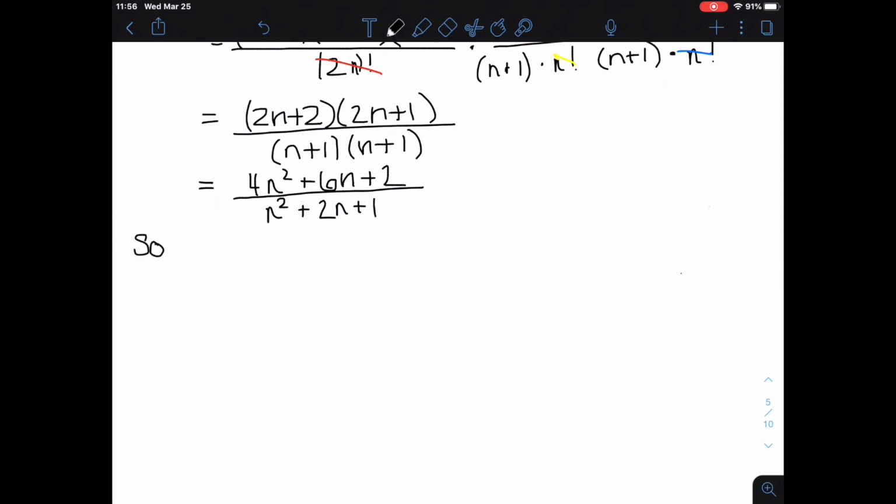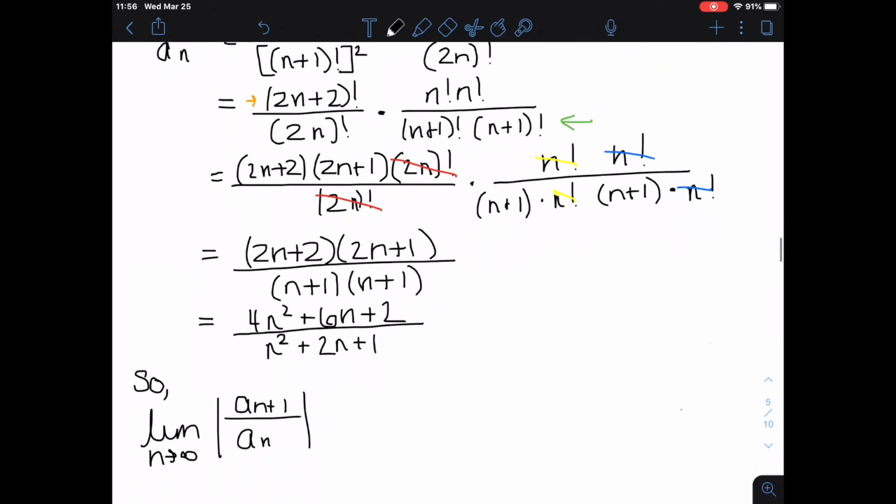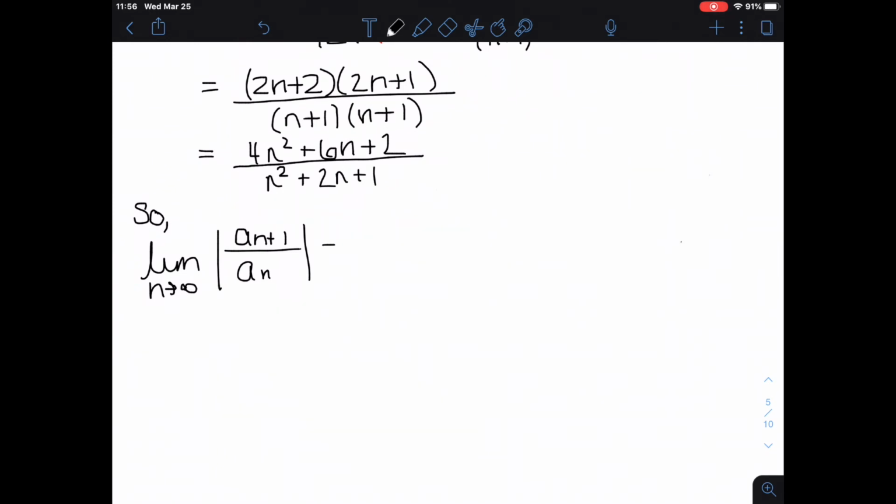So we just need to take the limit as n goes to infinity of the absolute value of a_{n+1} over a_n. So you can see it's kind of useful just to manipulate this inside expression first, so I didn't have to write limit before each and every single one of these steps.